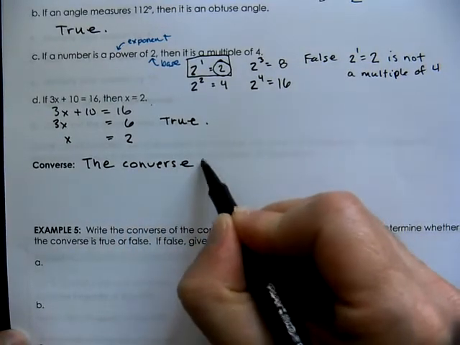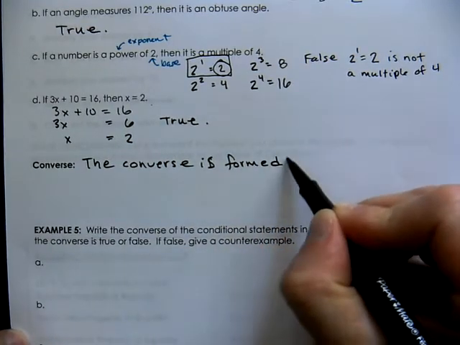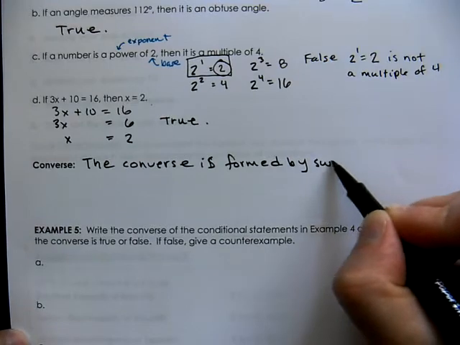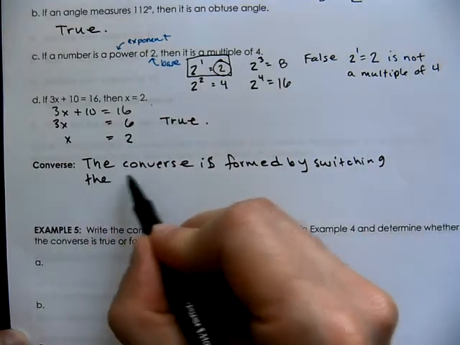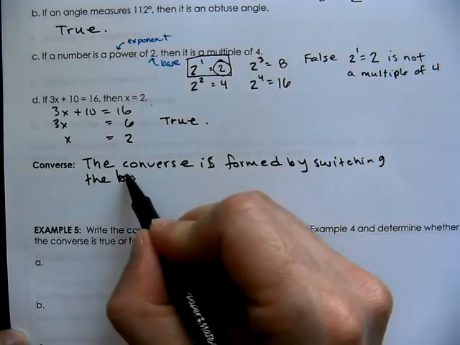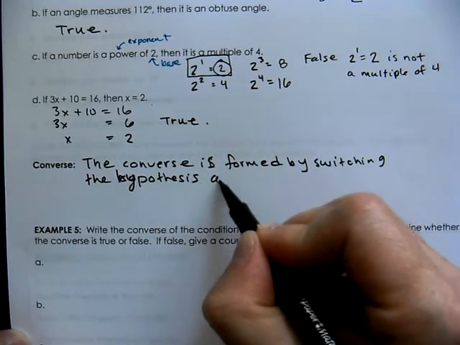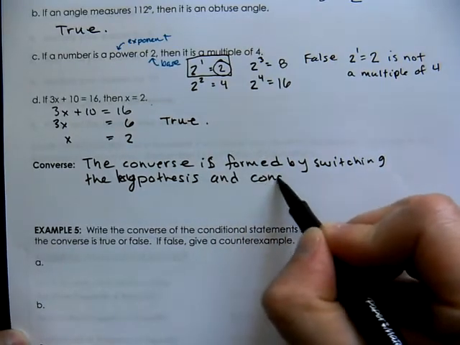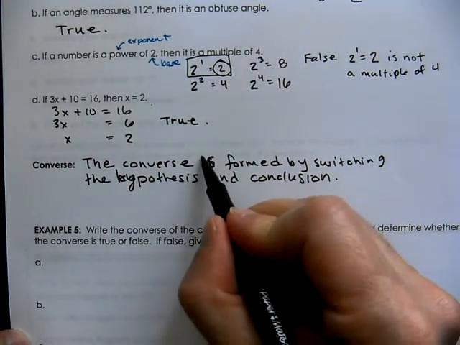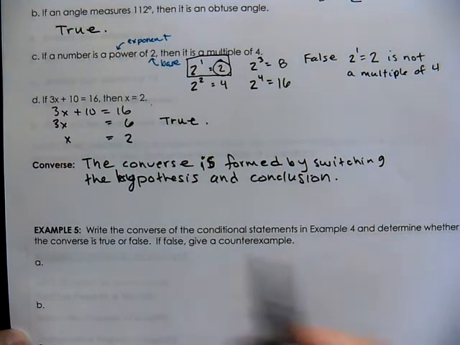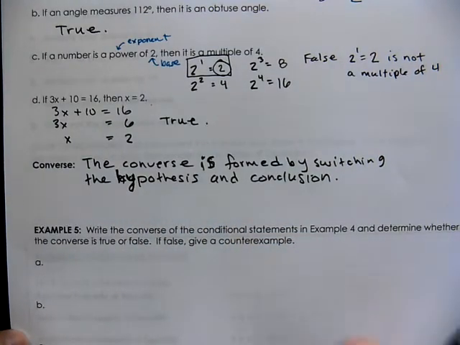The converse is formed by switching the hypothesis and conclusion.